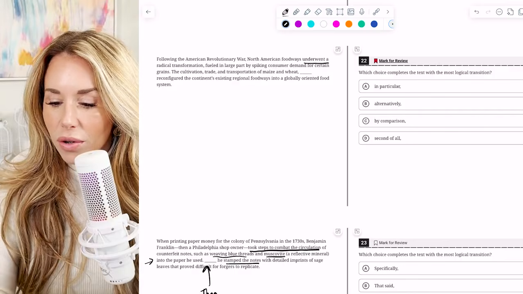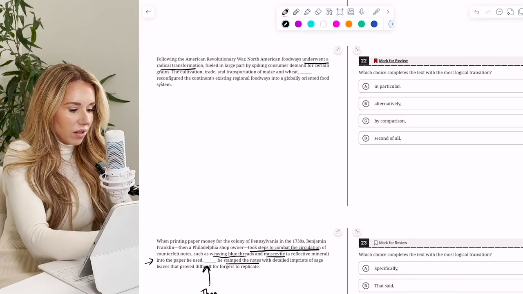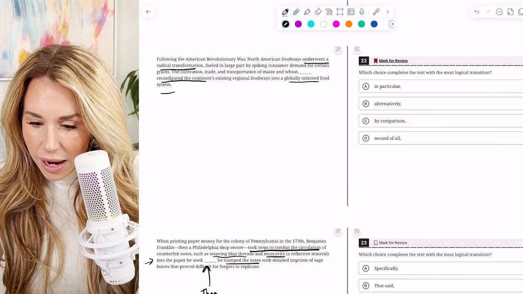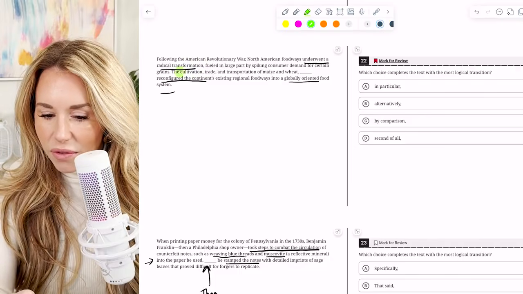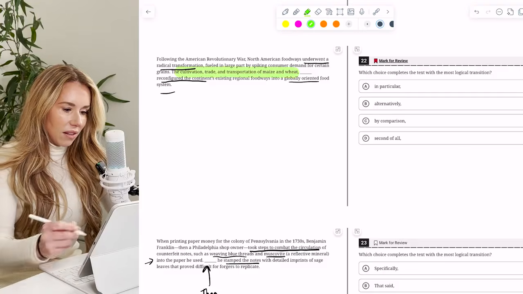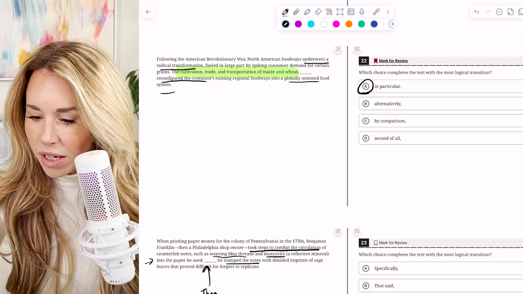Okay, this goes with the fact that it underwent a radical transformation. It basically reconfigured everything into this. So these things right here feel like specifics. So I would probably say something like "in particular" or "specifically." So I think it's A.